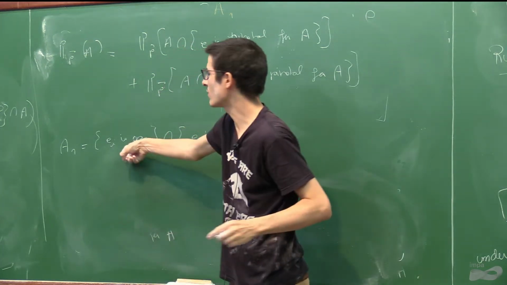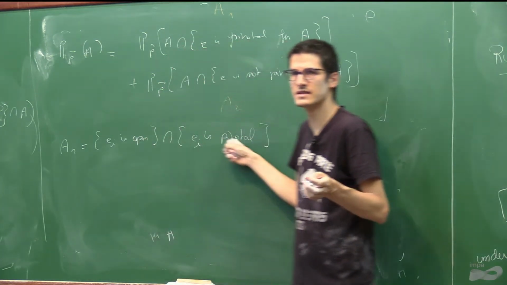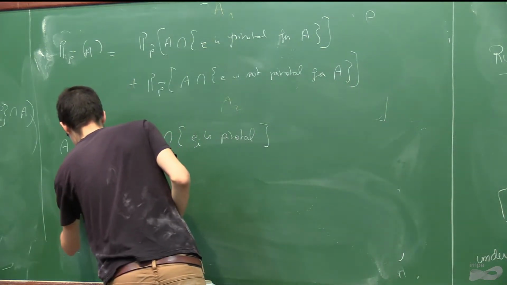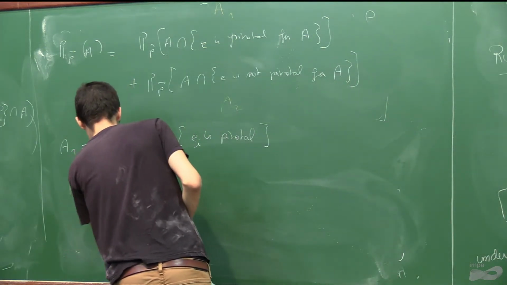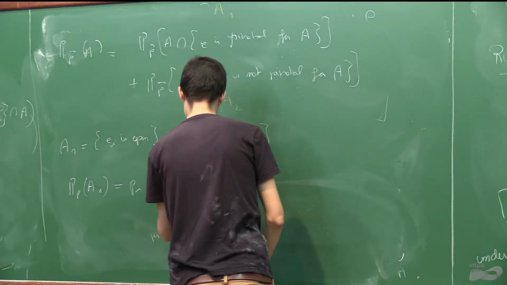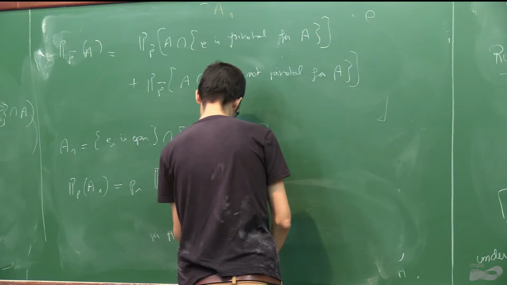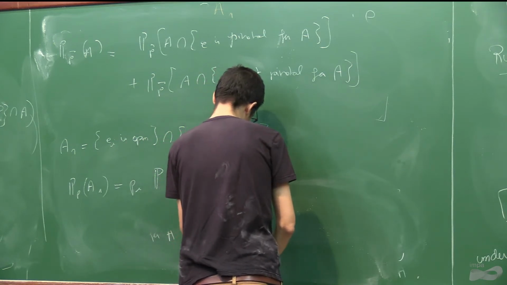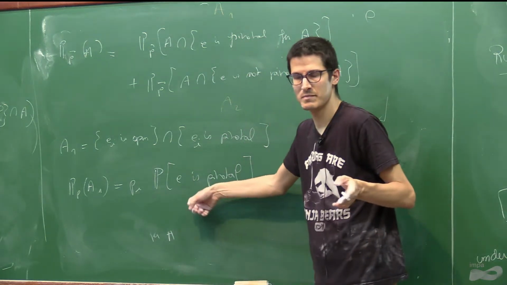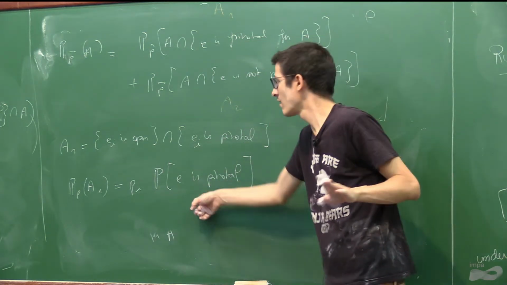This depends only on omega_i, this is independent of omega_i. So P_p of A1 is equal to p_i times the probability that e is pivotal. And p_i does not enter here.